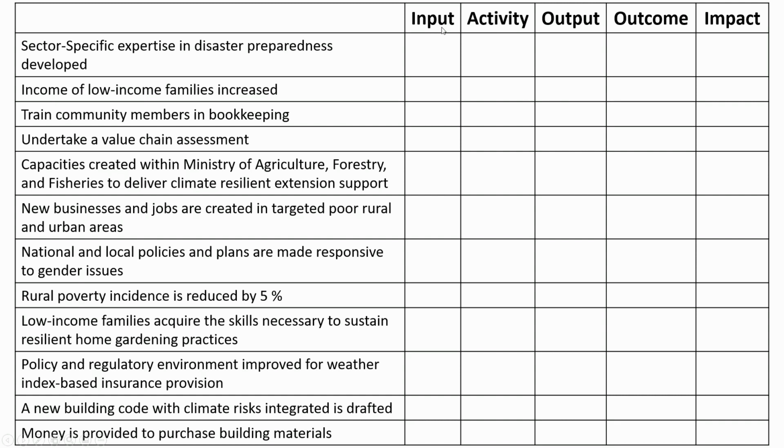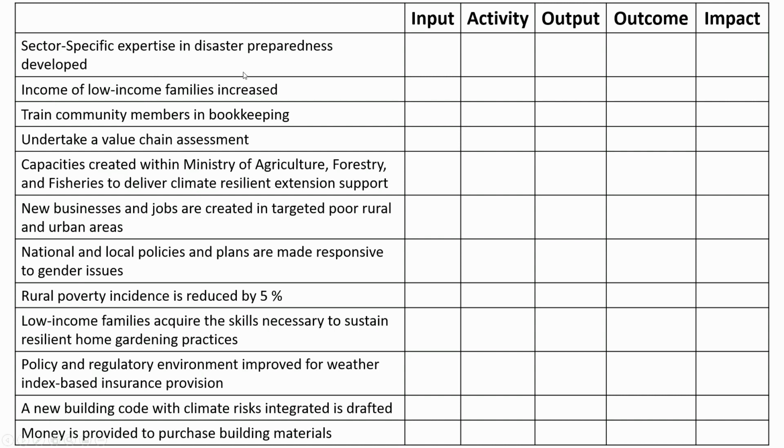Across the top, we have inputs, activities, outputs, outcomes, and impacts. As we go through each of these statements, you're going to choose which of these categories the statement applies to. You can keep your own score, and at the end we will have a prize for the winner.